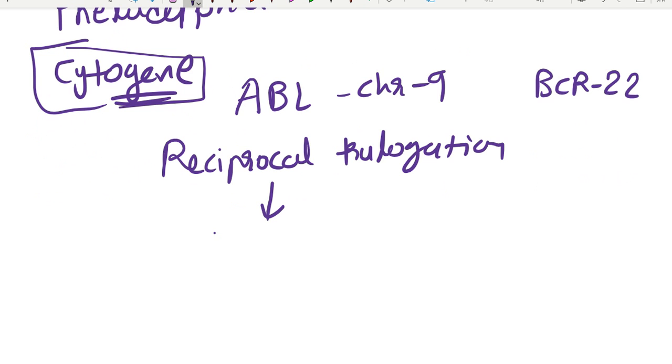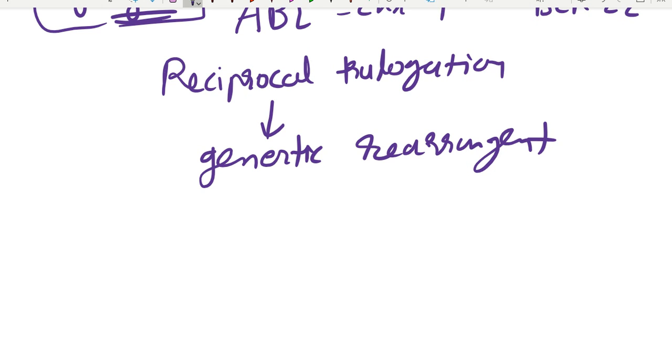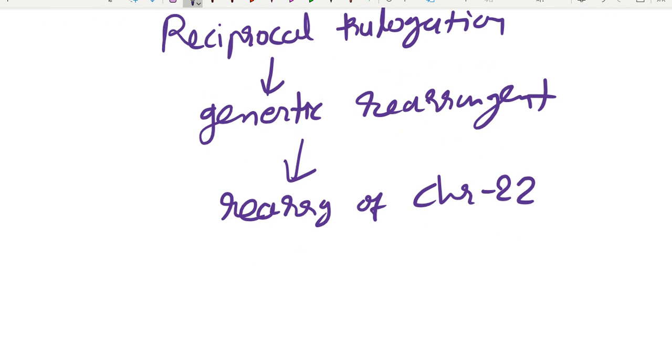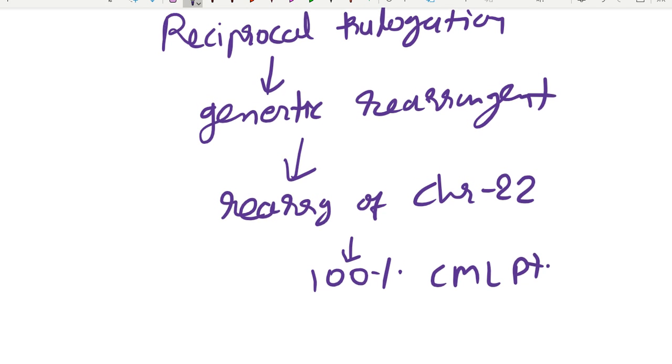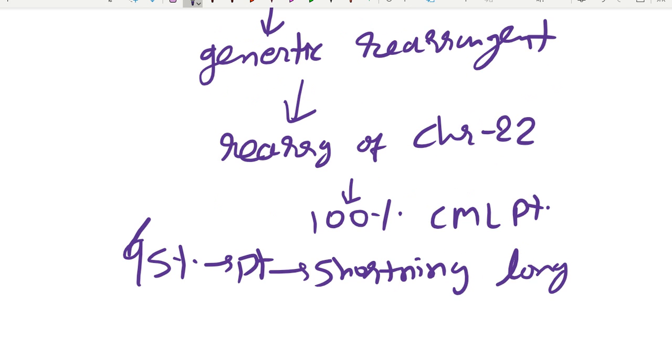Due to the reciprocal translocation, genetic rearrangement of chromosome 22 is there, which is seen in 100% of CML patients, but in 95% of patients there is shortening of the long arm of chromosome 22.